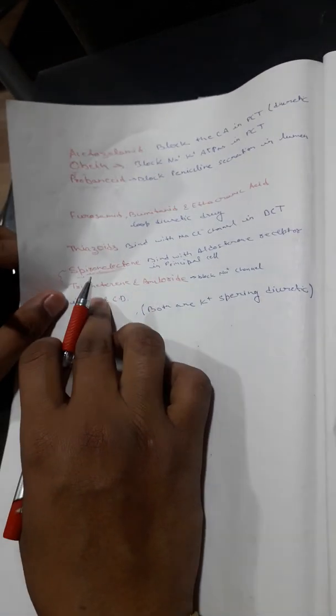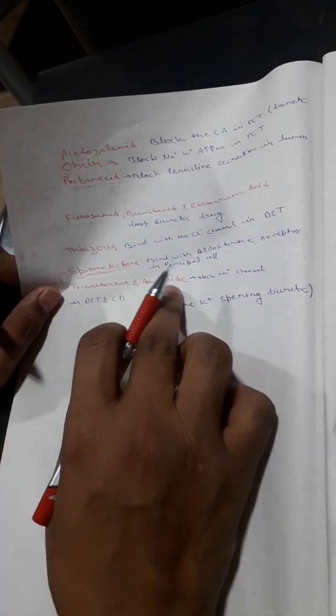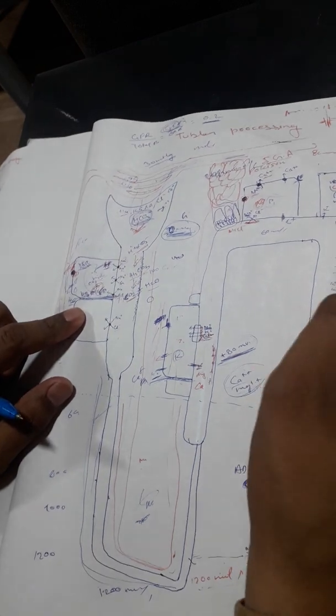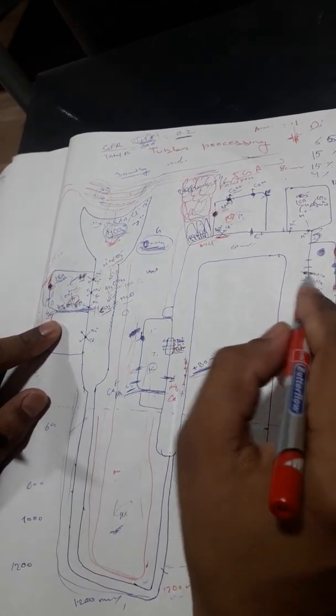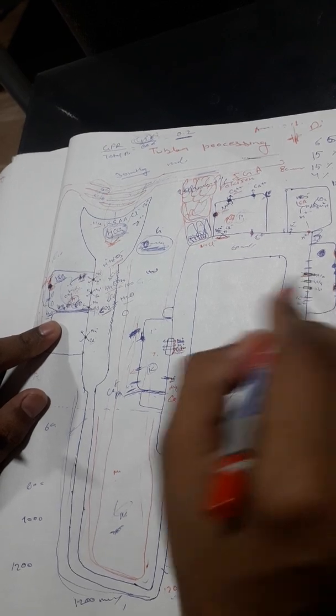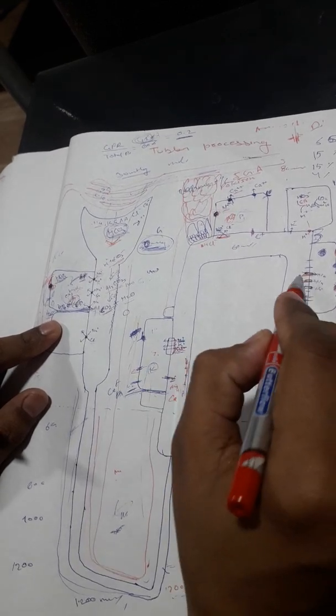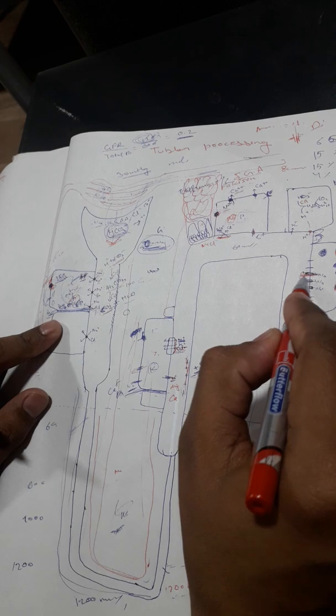And the next group of drugs is triamterene and amiloride. They have the same function, but they cannot bind on the aldosterone receptor. They bind on the sodium channel. So these drugs bind here.